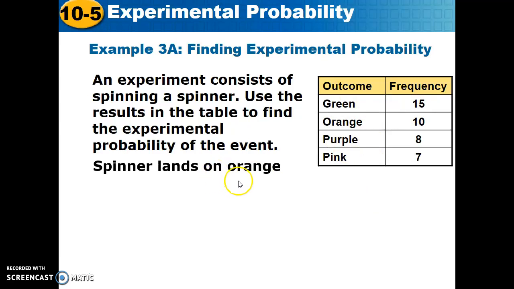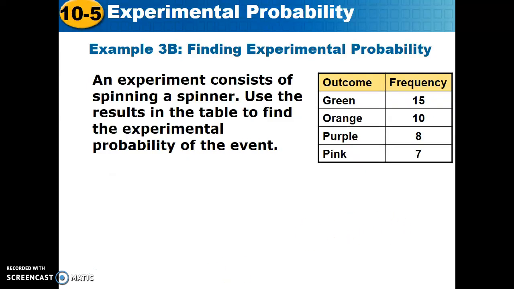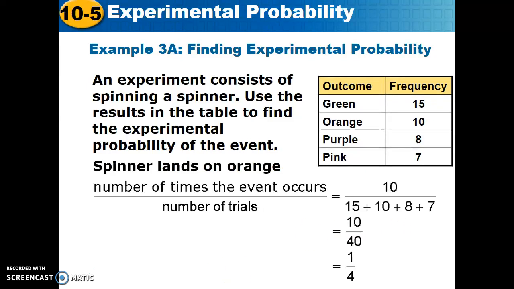Well, we're going to find the experimental probability. That's 10 out of the number of trials. 25 plus 15, 40. 10 out of 40 is 1/4. And remember, we can write that as a decimal or a percent, 1/4 as a fraction, a number between 0 and 1. We could also call this 25% or 0.25.